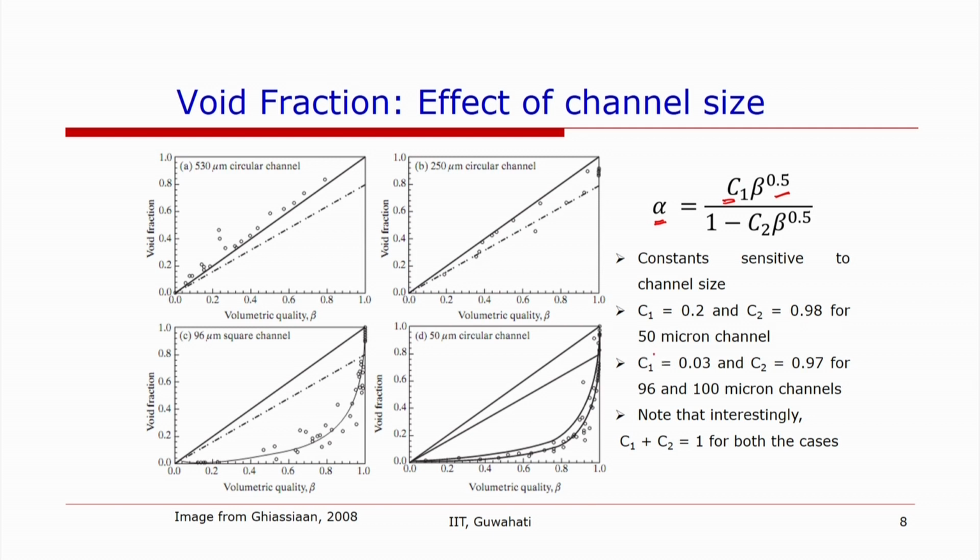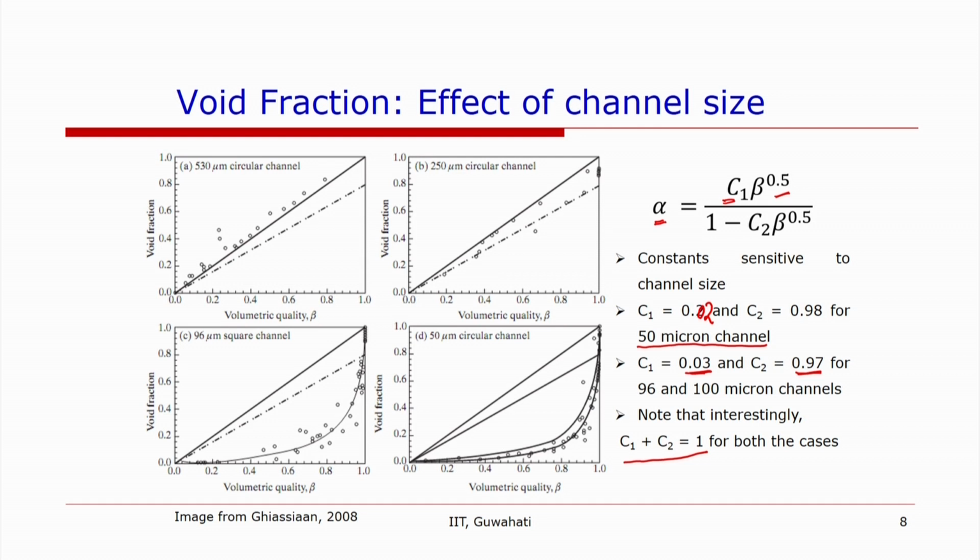For 50 micron channel, C1 is, sorry, this is 0.02 actually, and C2 is equal to 0.98. For 100 micron and 96 micron channel, C1 is equal to 0.03, C2 is equal to 0.97, and in both cases C1 plus C2 is equal to 1.